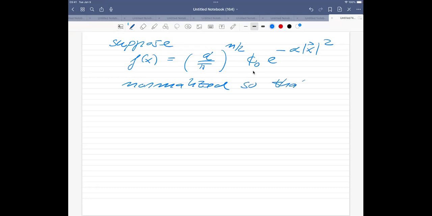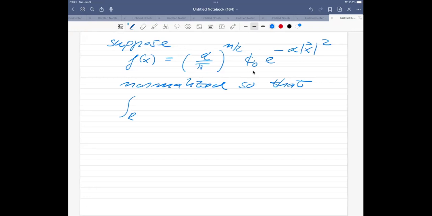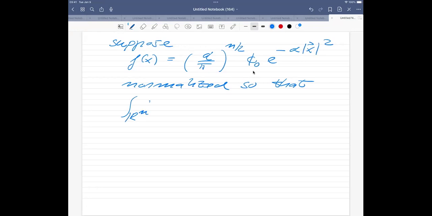It's normalized so that, because all these quantities play the roles of probabilities, we integrate over R, dx of f of x, and this is normalized so it's equal to phi 0. So this is just a function I cooked up here. That means that I can calculate this quantity phi of x. This is a probability of being at a position x at a time t.